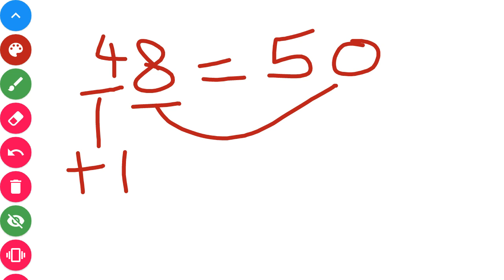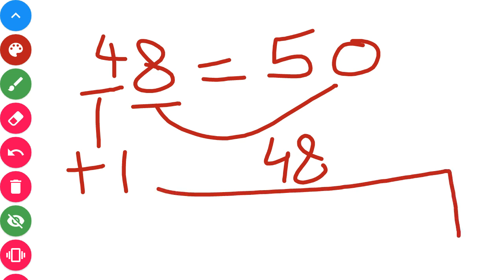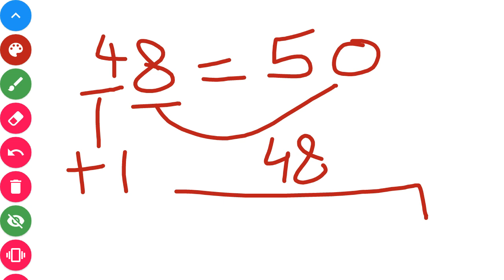Also kids, let me explain this rounding off with another method. See, we are having 48. We have to round off 48 to the nearest tens. So tell me two tens between which 48 falls. Yes, the two tens are 40 and 50.